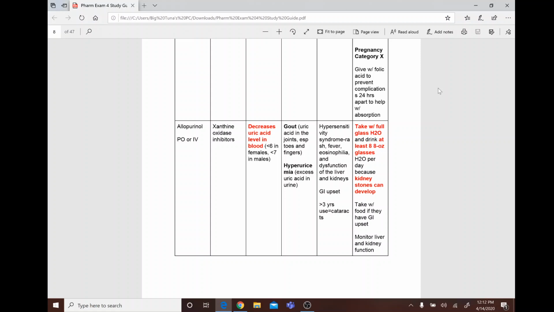Decreases uric acid levels in the blood, so less than 6 in females, less than 7 in males. What is allopurinol used for? Gout and hyperuricemia. What are the side and adverse effects of allopurinol?